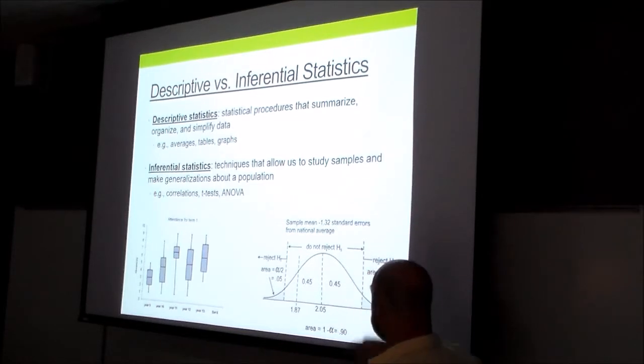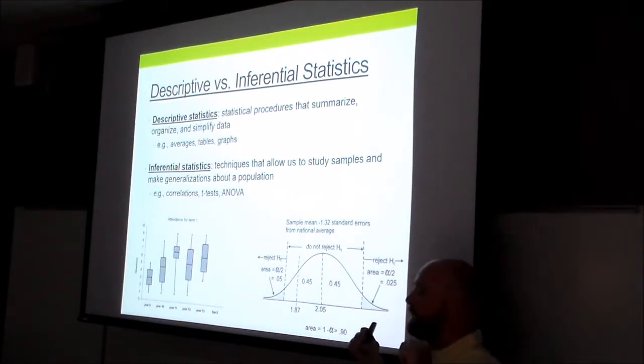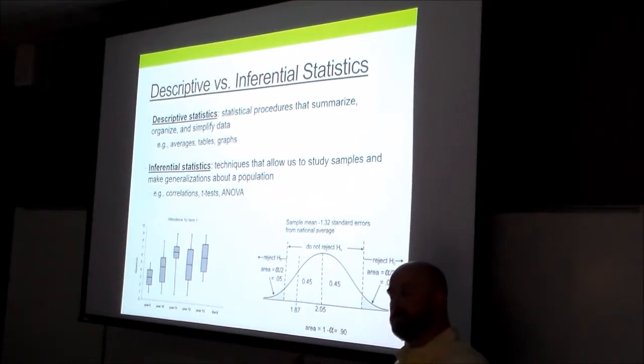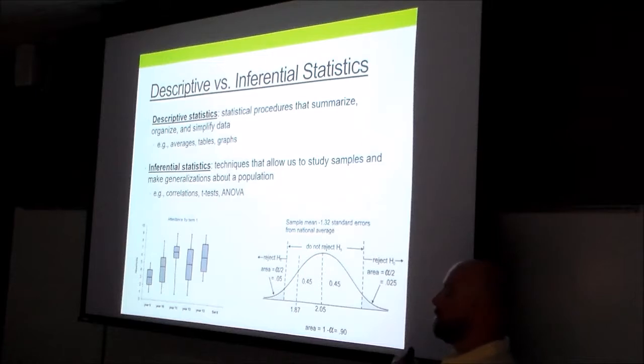Okay? These are our descriptive statistics, our inferential statistics. These are things with p-values attached to them. Okay? These are techniques that are going to allow us to take information that we derive from samples and start to go through and make some type of inference about a population based on some of the tests that we make. These are things like correlations, ANOVAs, t-tests.